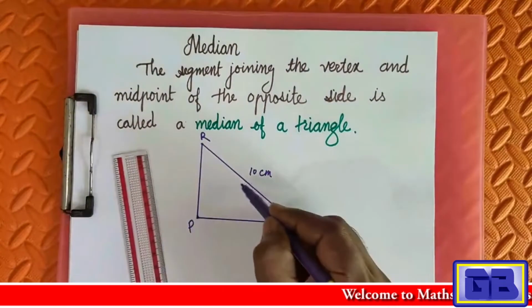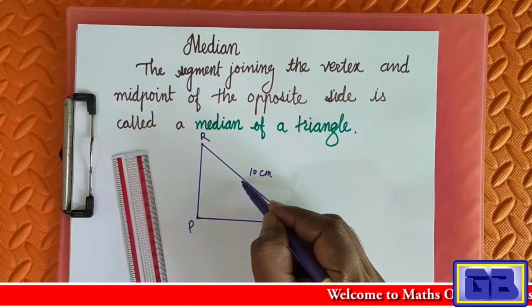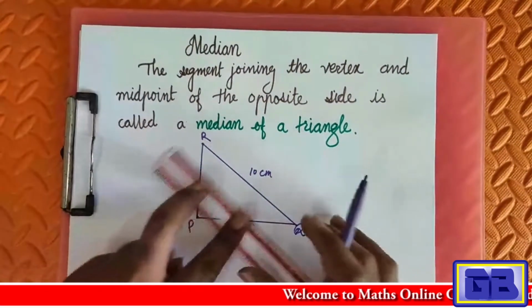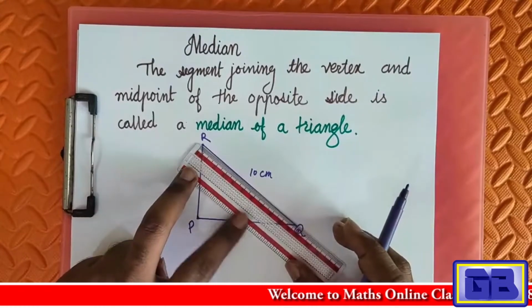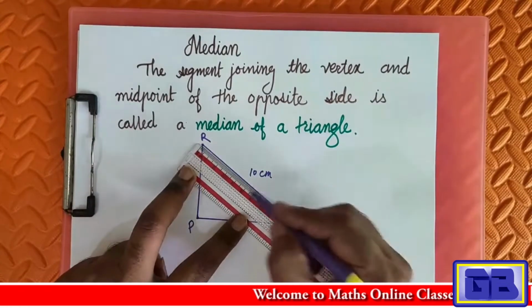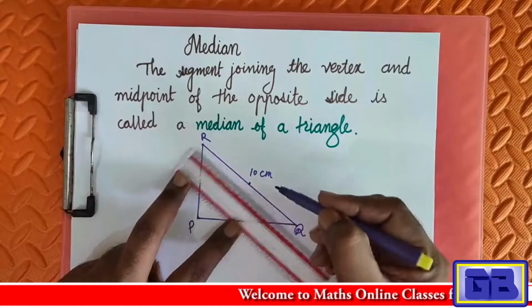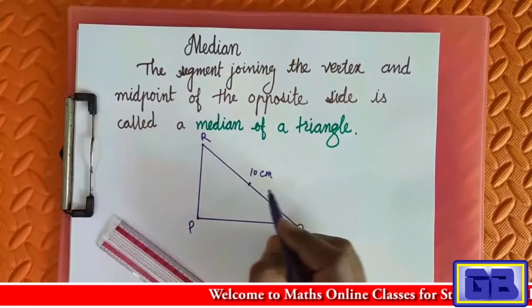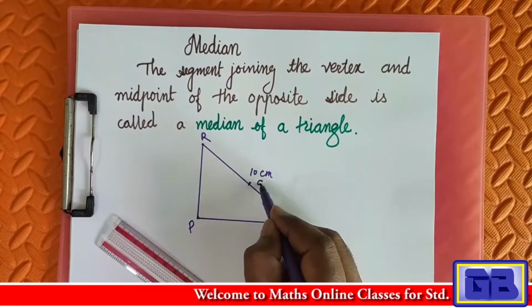When we take one point at 5 centimeter, that point is exactly in the middle of the side. That is called midpoint. So I will take a proper measurement of 5 centimeter here and I will give it the name S.